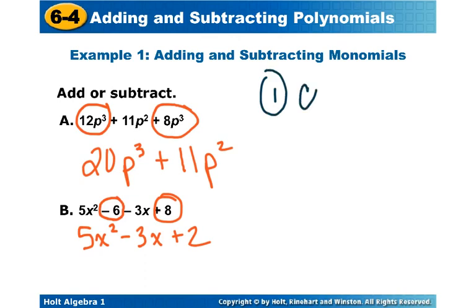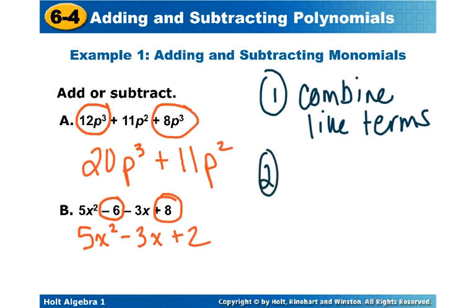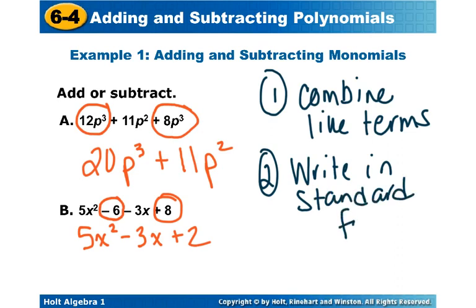So first, combine like terms, and second, write in standard form. Remember, standard form is from the highest exponent to the smallest.